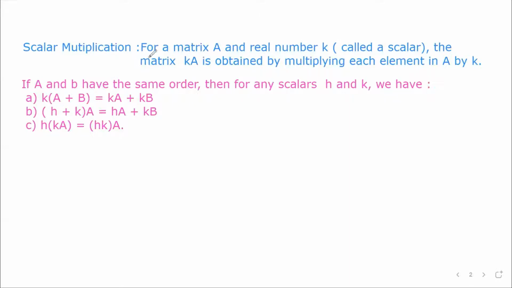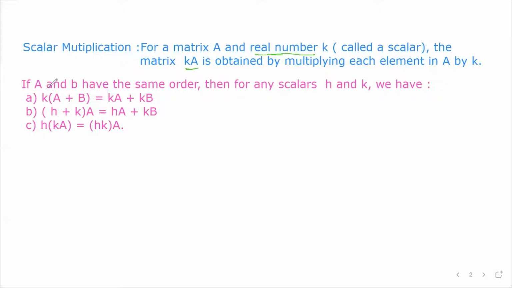For a matrix A and a real number K, a real number can be any number on the number line: a decimal, fraction, surd, integer, or whole number. In this case we call it a scalar. The matrix K times A is obtained by multiplying each element in A by K.